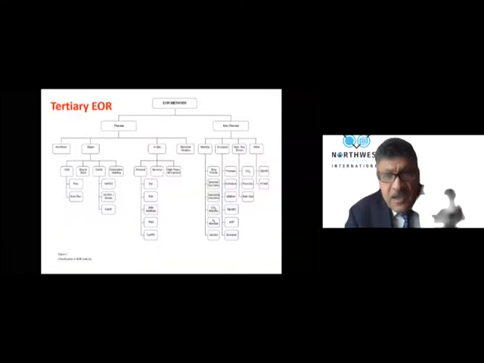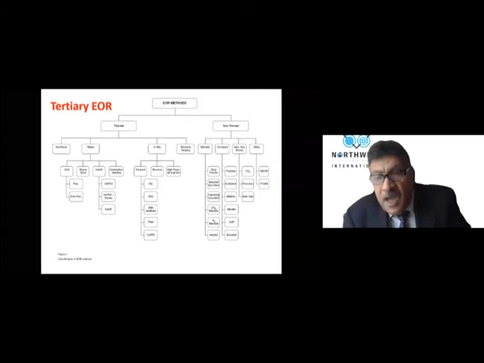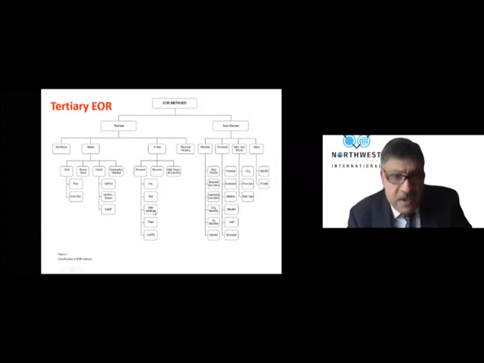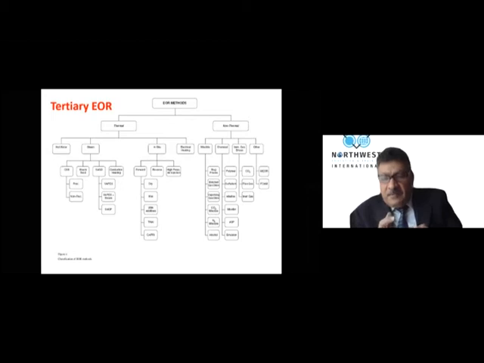So you see here the list. This table in front of you, or this diagram, is all for the tertiary. Every single box here is tertiary, not secondary. So remember again: primary recovery, secondary recovery.